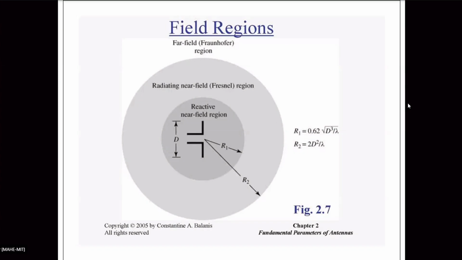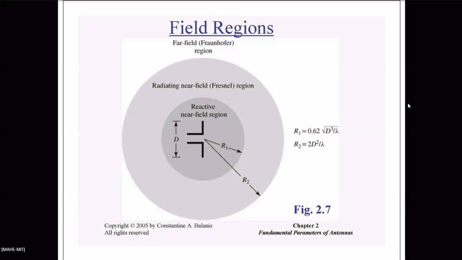Have you understood this? Yesterday I was telling you about the far field region. We are interested in the far field region. What is the limit for that far field region? You can understand from this: beyond R2, it is treated as the far field region.